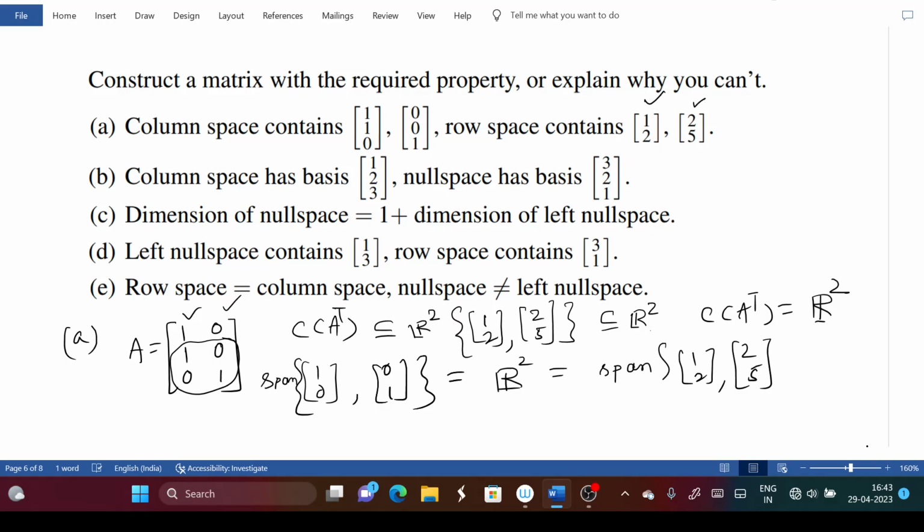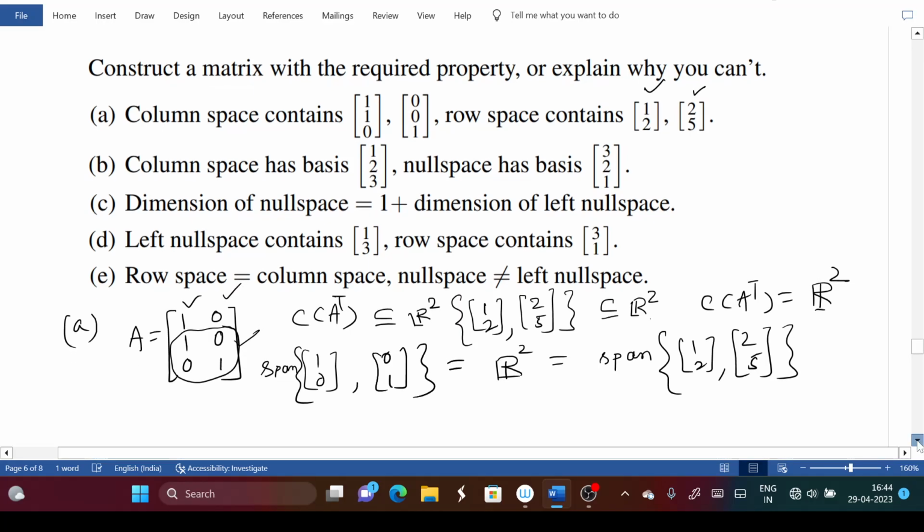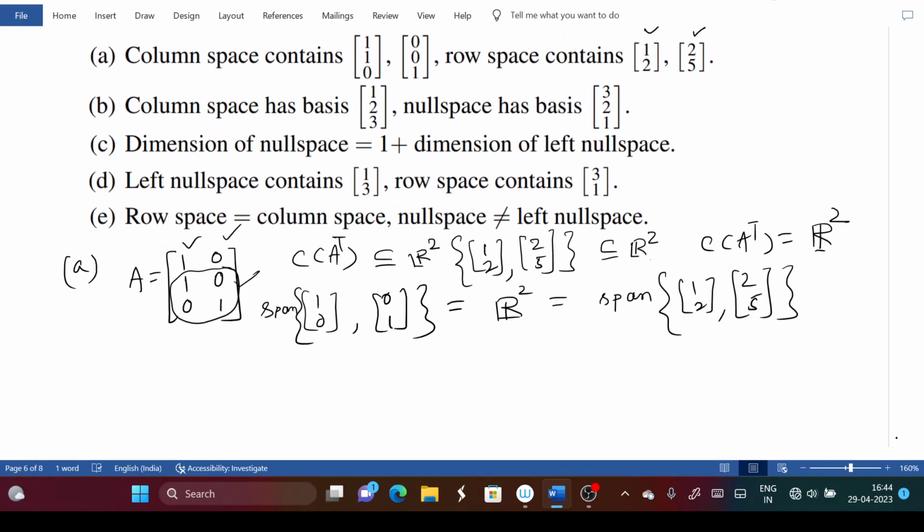Hence my whole R square. So the vector space spanned by these two vectors is the same as the row space of A. Hence, the first part of the question is over. Part A is over. It satisfies both the claims.